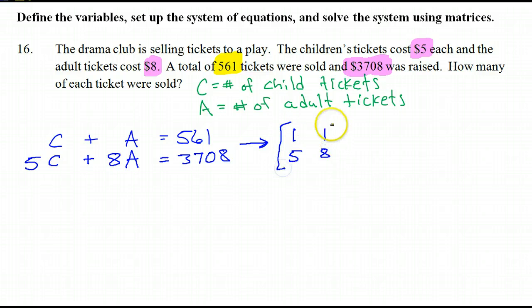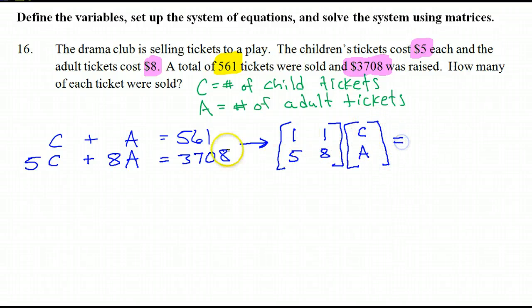There's my coefficient matrix. And I'll have a variable matrix, C A. It has to be in order. And that should equal my constant matrix, which is 561 and 3,708.